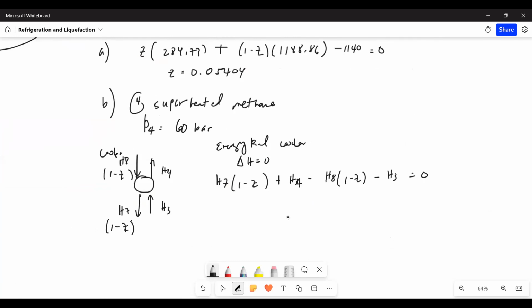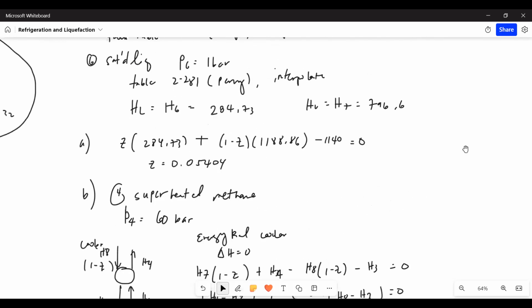Okay, H4. So rearranging the equation, grouping the same factor, 1 minus Z times H8 minus H7 equal to 0. So we have this value, H8, we have H7 from earlier, right?